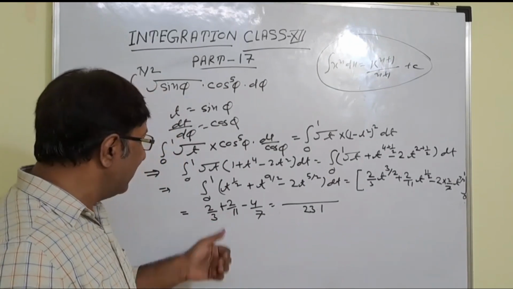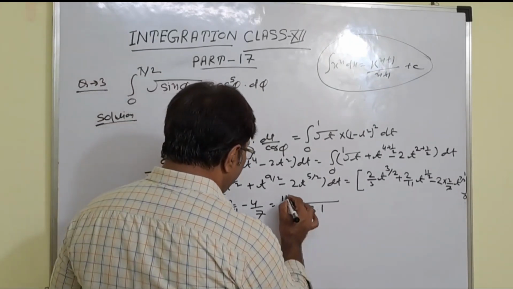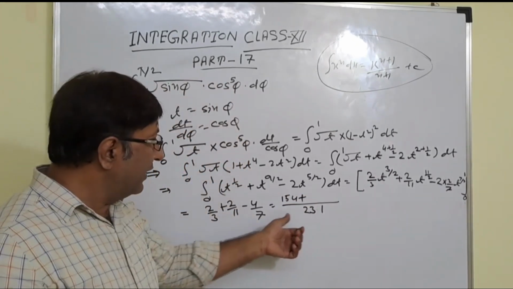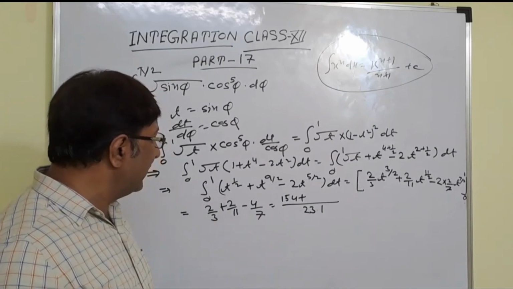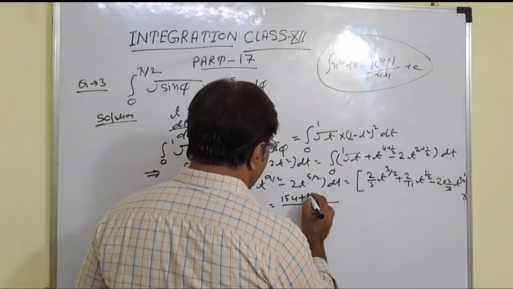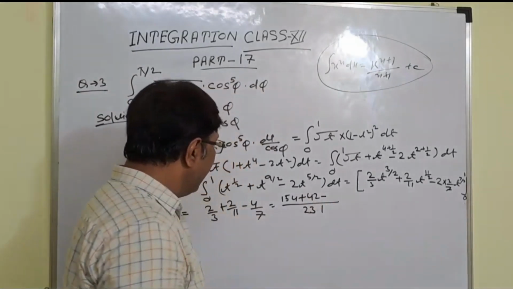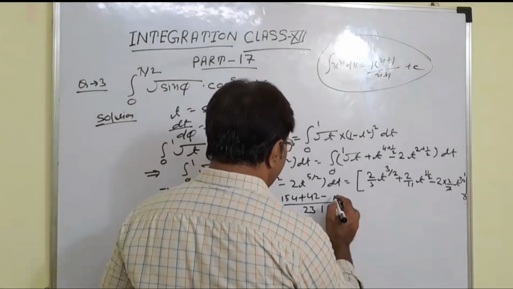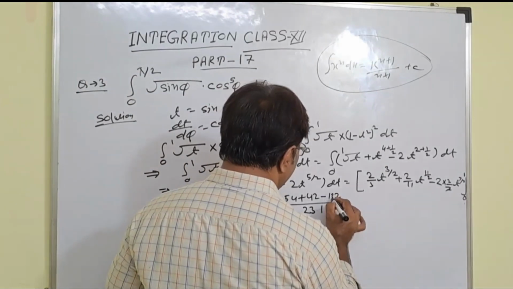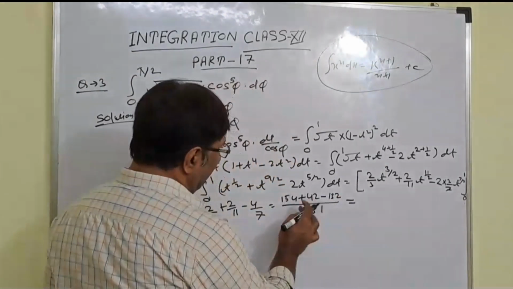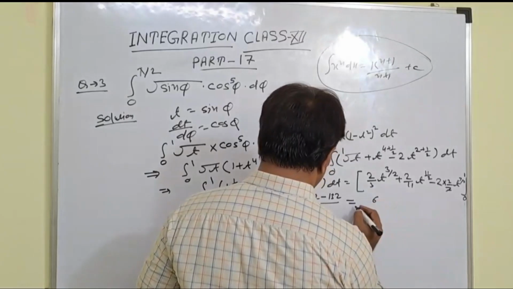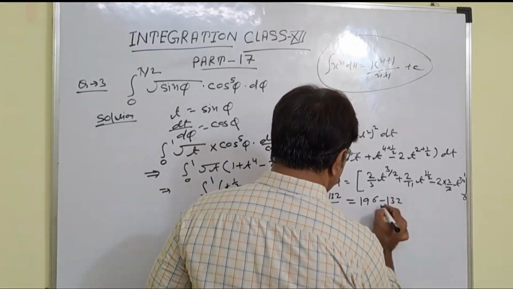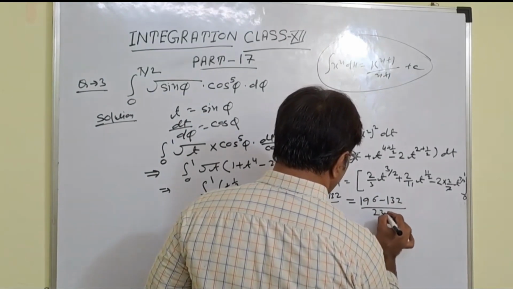So 77 into 2 is 154, plus again 11 divides, we get 7 into 3, 21. So 21 into 2 is 42, minus here 7 divides, we get 33. So 33 into 4, 4 3s are 12, 132. So now this is 154 plus 42, which is 196, minus 132 upon 231.